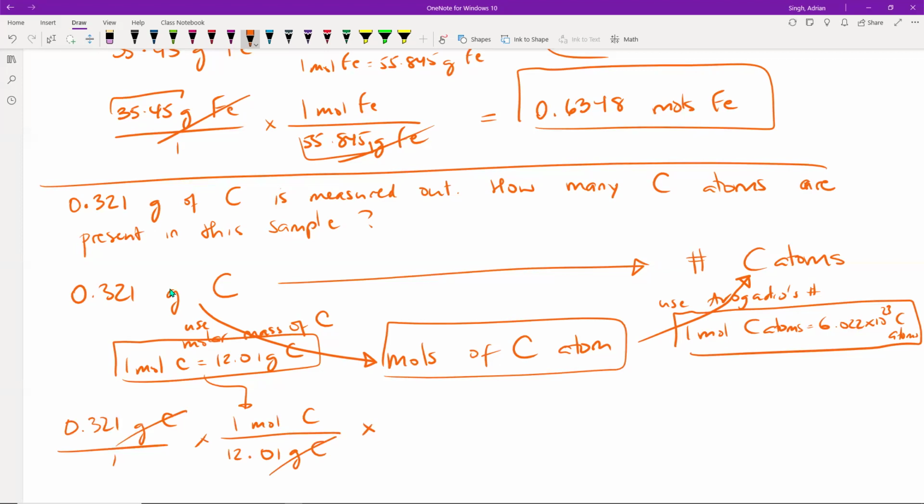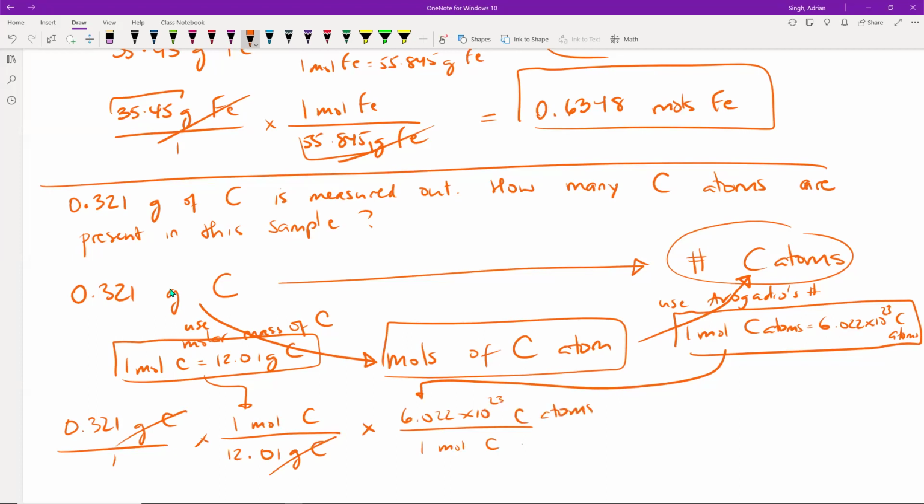And the next step, I want to end up with number of carbon atoms, and I want to cancel out the moles, so moles is going to go on the bottom. Every 1 mole of C, I have Avogadro's number, 6.022 times 10 to the 23 carbon atoms. Moles go away, and now the only unit I'm left with is carbon atoms, and I just need to evaluate this using my calculator.